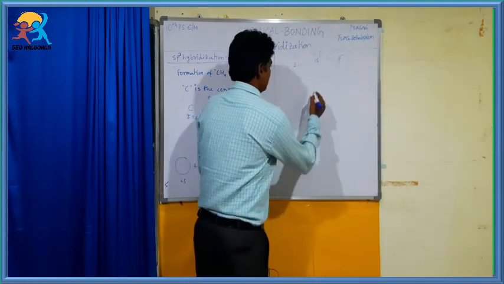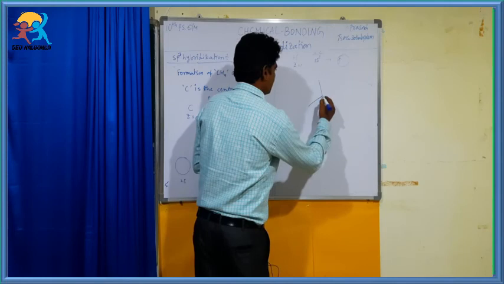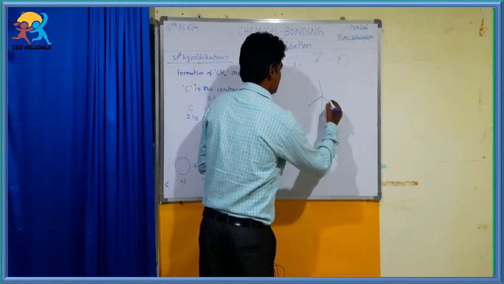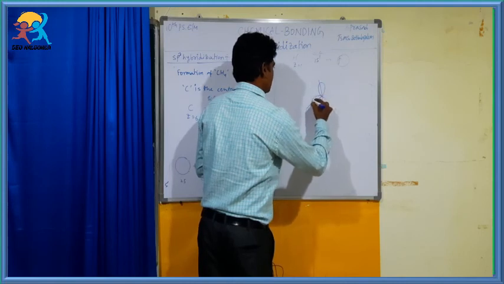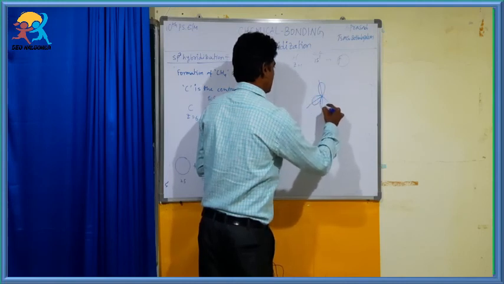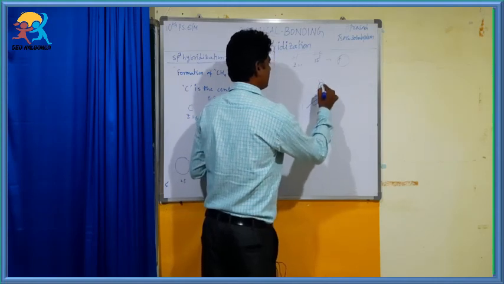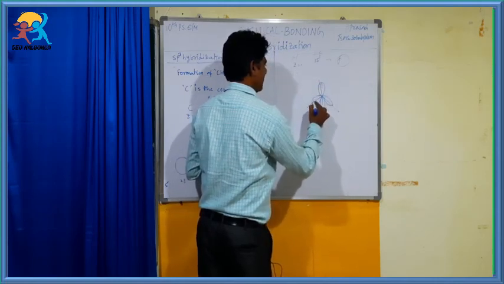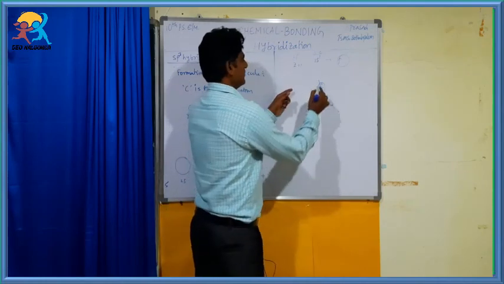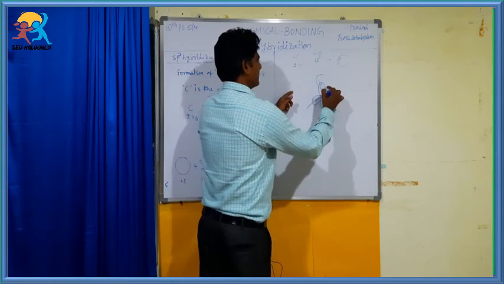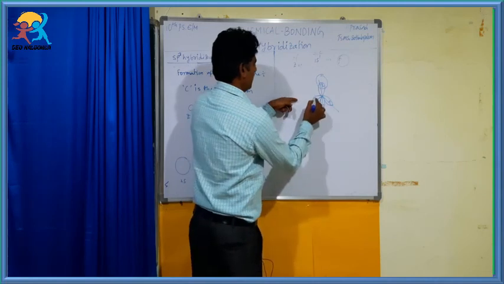So like this. Each orbital has one unpaired electron. So hydrogen atom s orbital overlaps with sp3 hybrid orbital of carbon like this.